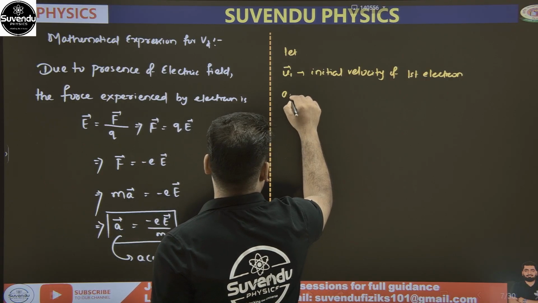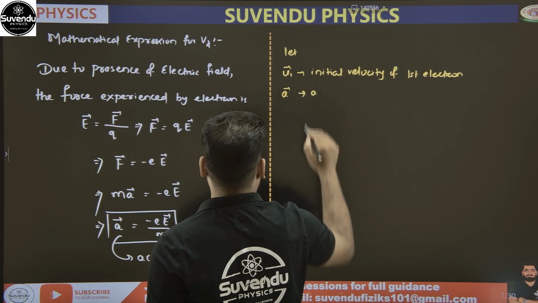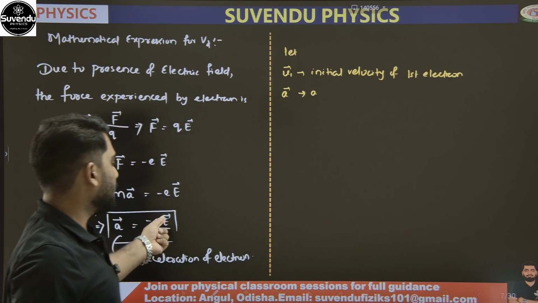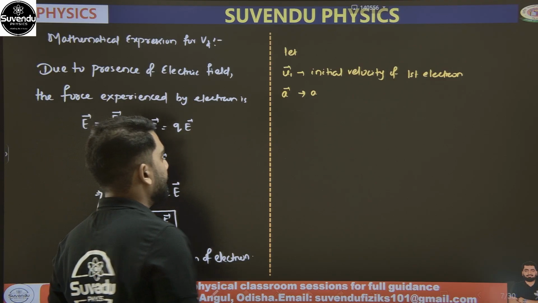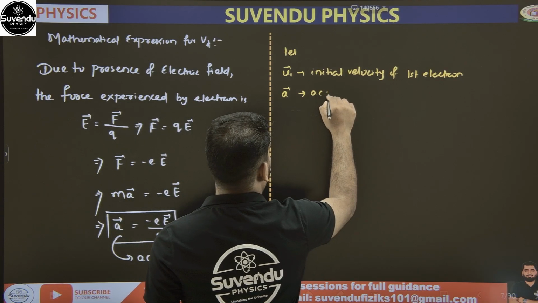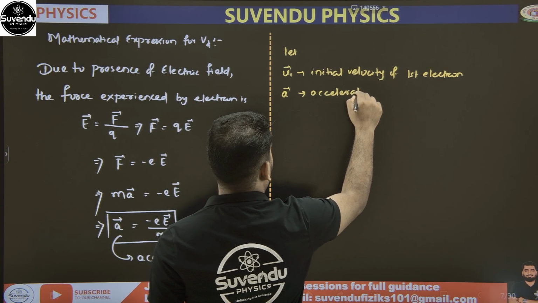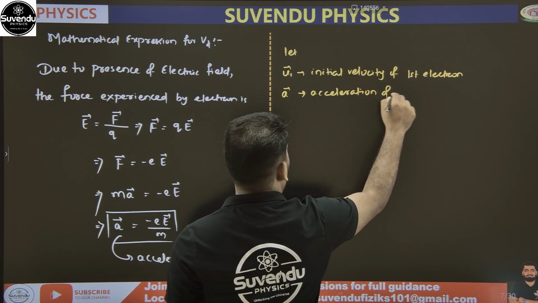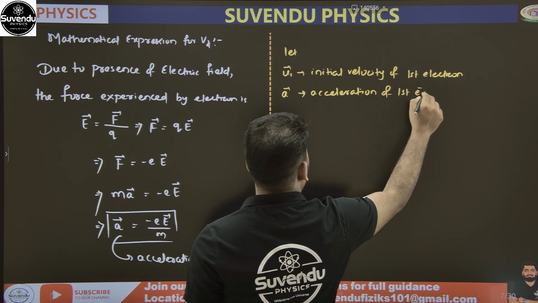The acceleration of all electrons becomes equal, since the charge of the electron, the electric field and the mass are constant. So this a vector is the acceleration of the first electron. Is that clear?